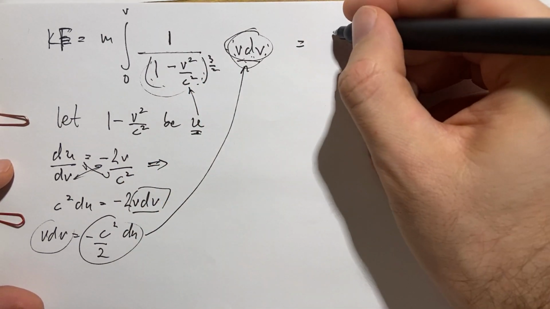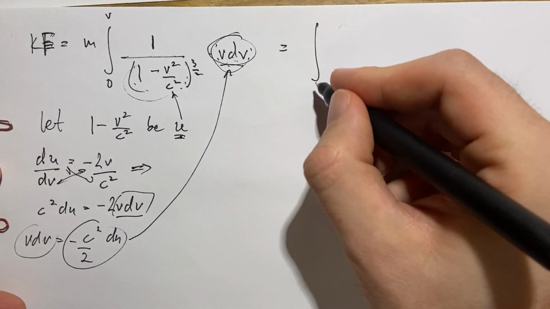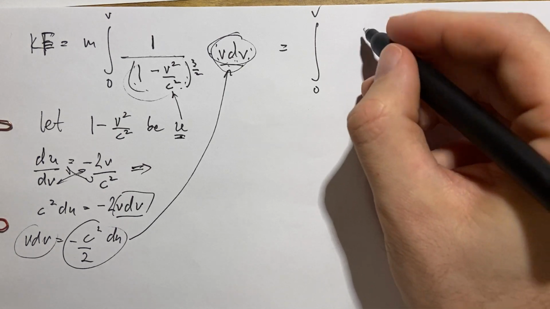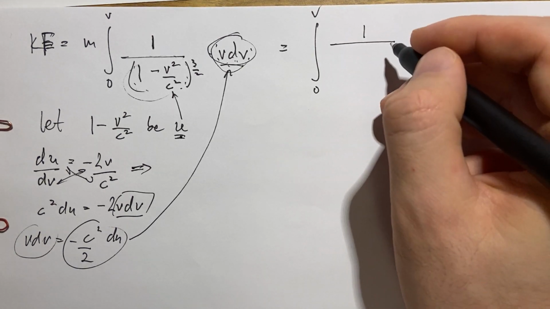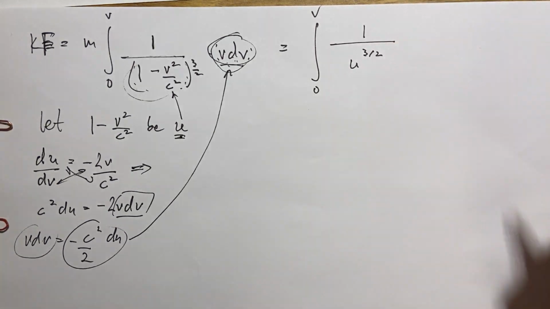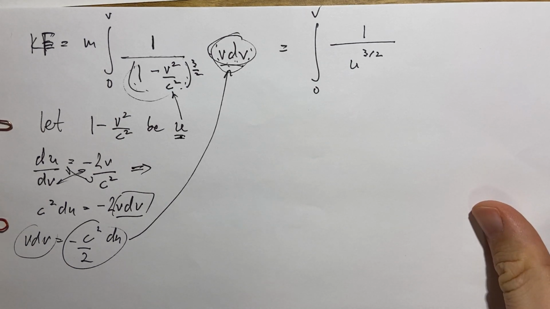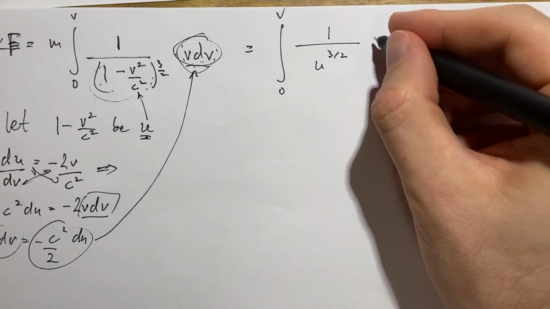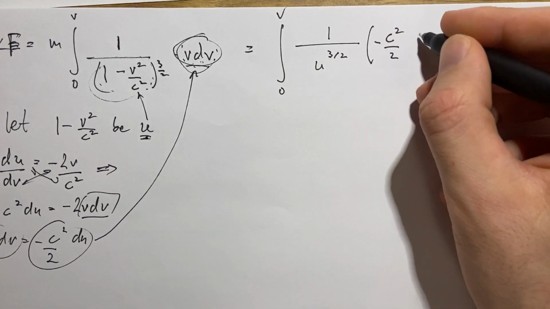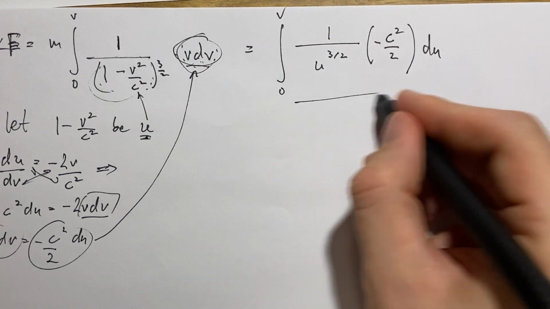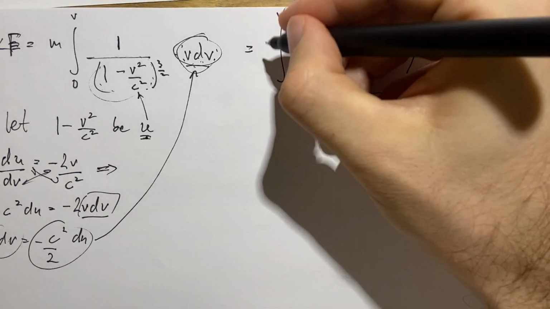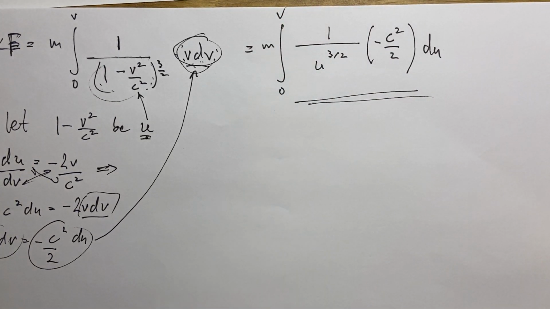So what we will end up with is the integral from 0 to v of 1 over u to the power of 3/2, multiplied by minus c squared divided by 2 du. So we will have this expression. And don't forget the m. m is still there.